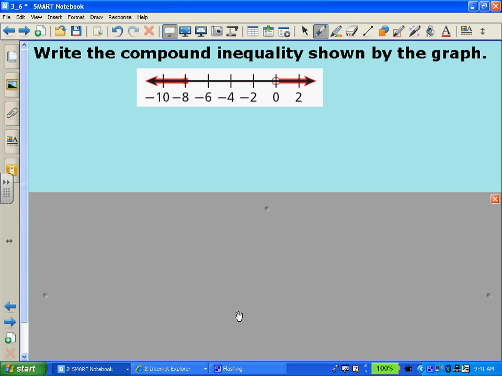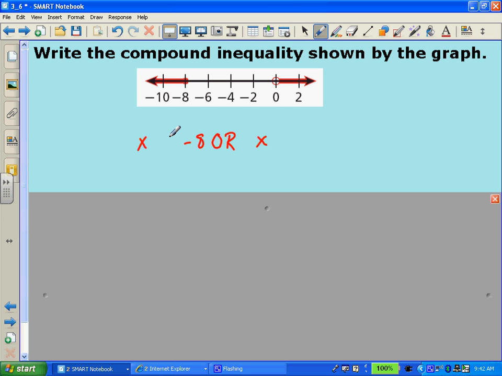Now the final thing that you'll see today on your work looks like this. Okay, and we saw this back in section 1, where they give you the graph and they ask you to write the inequality shown. So here you know right away that it's going to be an OR. And how do I know that? Well, I know that because my arrows are going in opposite directions and they don't overlap. Alright, so I'm going to pick my variable. I'm just going to use x here.